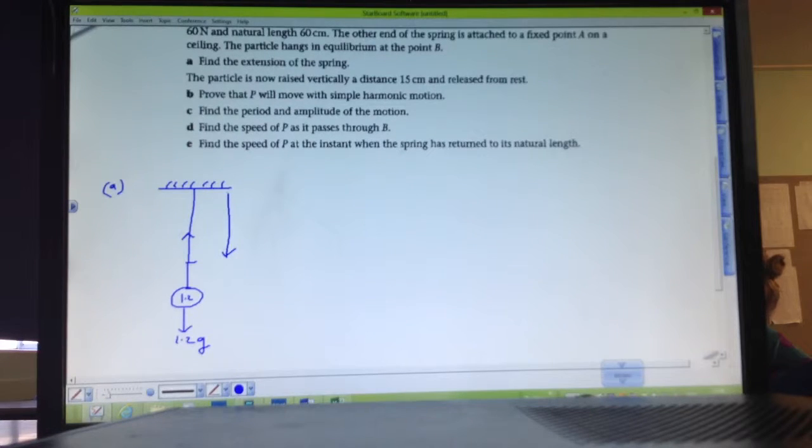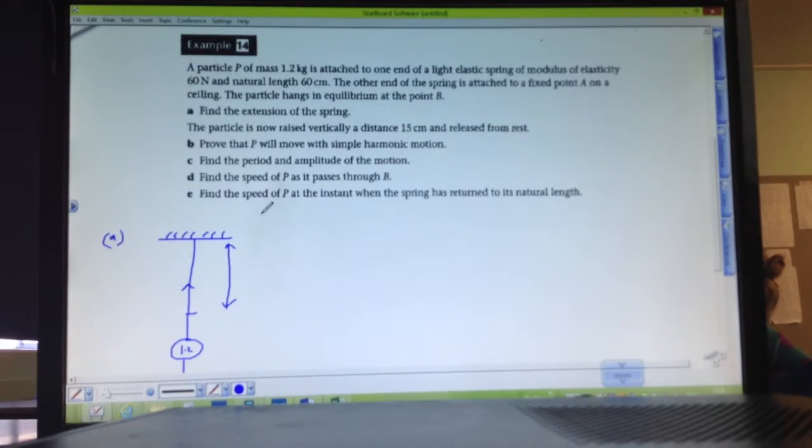That dimension there is 60 centimetres. Well, it's got to be standard SI units, so it's 0.6 metres. And its extension is just here, E.